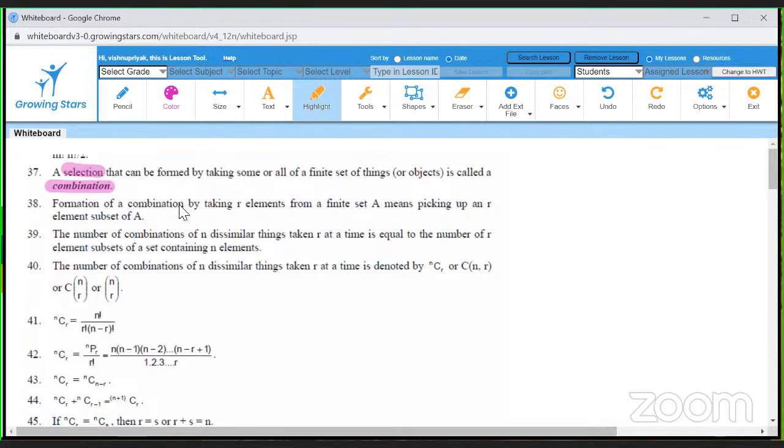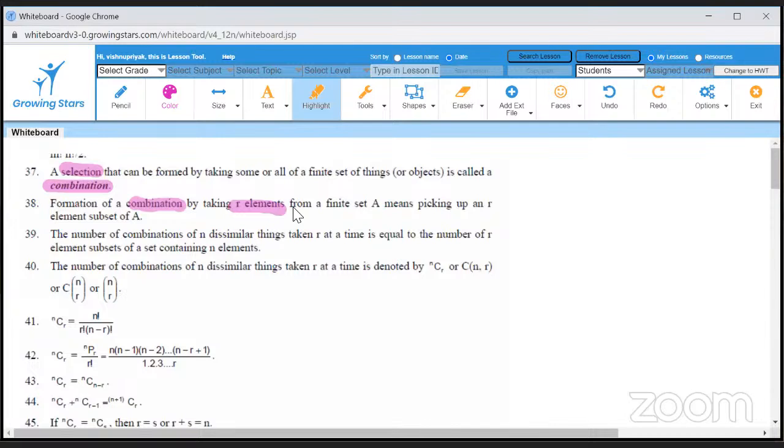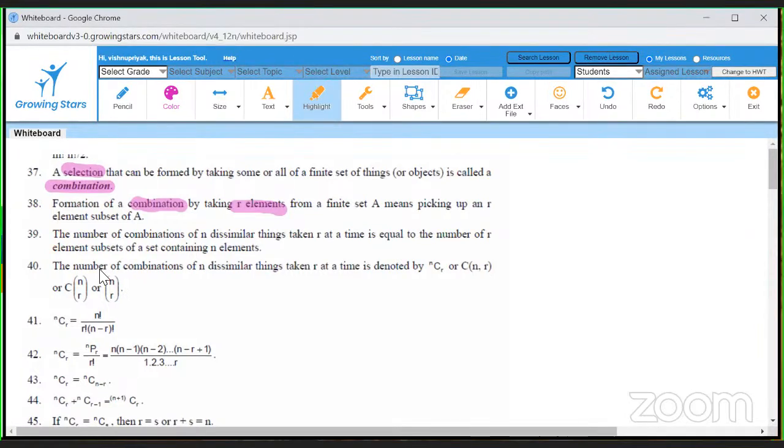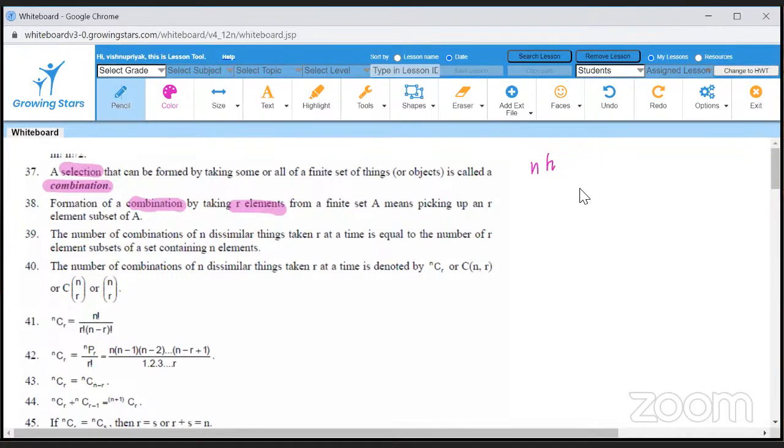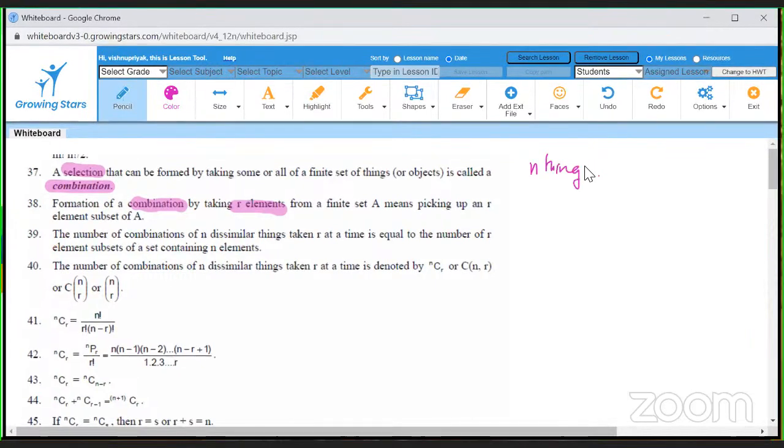A combination is made by picking up R things from N things. Total N things are there. From N things, you will select R things. You will not bother about arranging. Just picking up, selecting, keeping it there. That's all. No arranging.